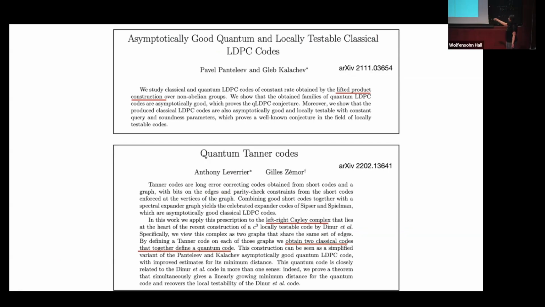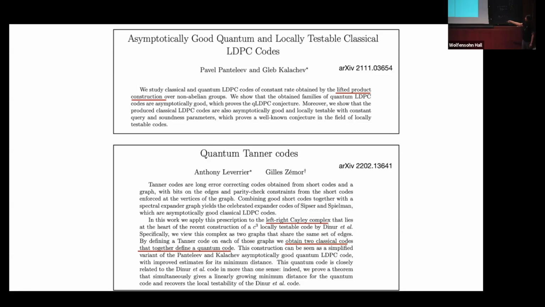And in the second paper, the first paragraph should actually make sense to you now. It says Tanner codes are long error-correcting codes obtained from short codes and a graph with bits on the edges and parity check constraints from the short codes enforced at the vertices of the graph. Combining good short codes together with a spectral expander graph yields the celebrated expander codes of Sipser and Spielman, which are asymptotically good classical LDPC codes.